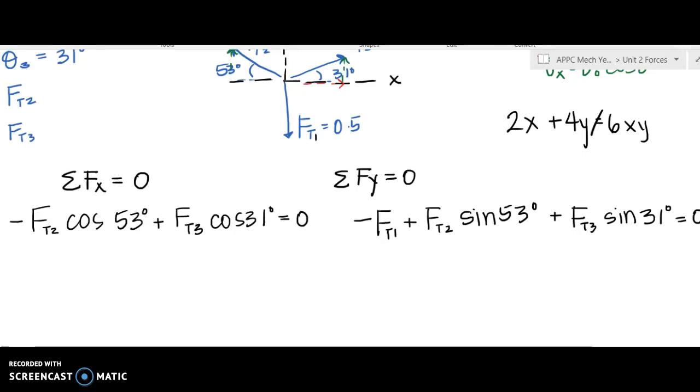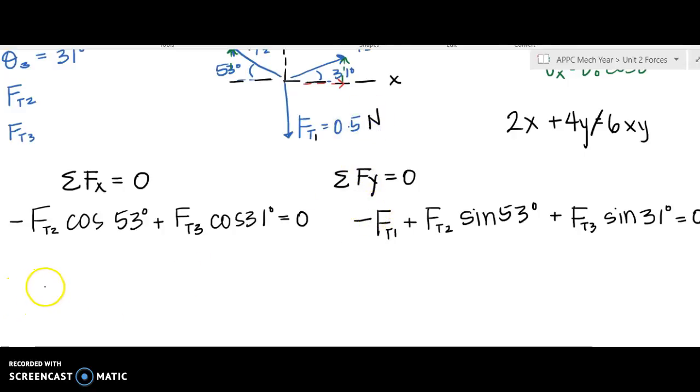And I know the next bit, the algebra bit, is going to seem like a pain in the butt, but it's less important than getting to the physics part and knowing what you have, okay? That's why it's always important to show your work when you're doing a free response question for me to score. Okay, so FT1 we've already determined was 0.5 newtons from up here.